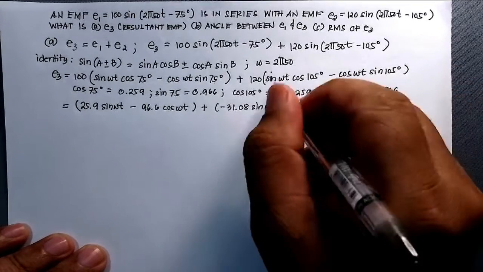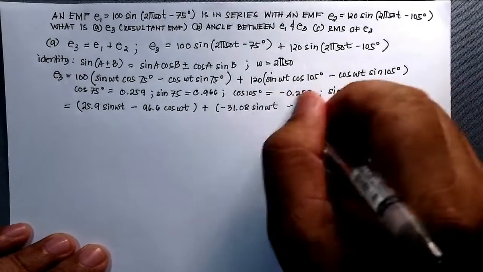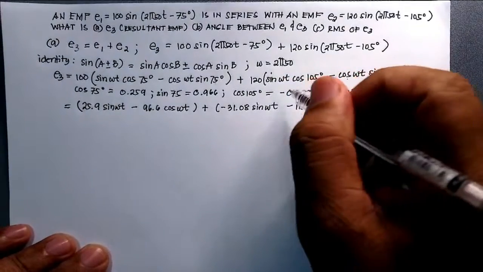So this will be the value if you substitute these values into the equation for E sub 3.